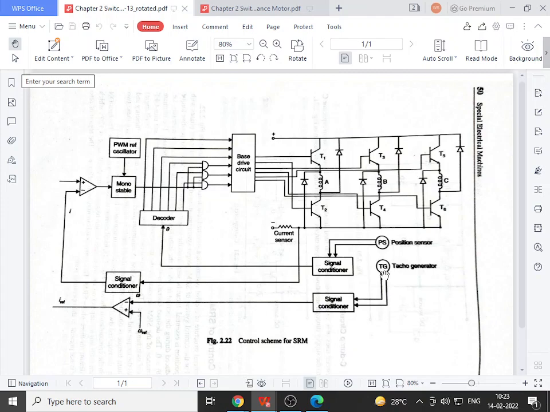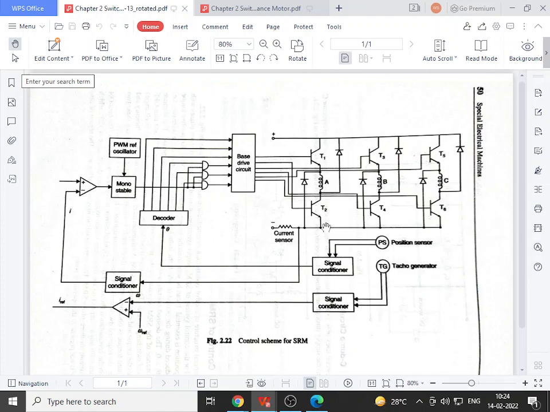So EMF is proportional to the speed of rotation. As the tacho generator is coupled on the same shaft as the SRM, the rotating speed of the SRM and of the generator is the same. Therefore the output of the tacho generator is proportional to the speed of the SRM. Again, SRM is not a continuous movement drive, it is stepwise movement. So at every step there will be induction of EMF inside the tacho generator, and that voltage pulse is enough to drive the lower leg power transistors or power converters.